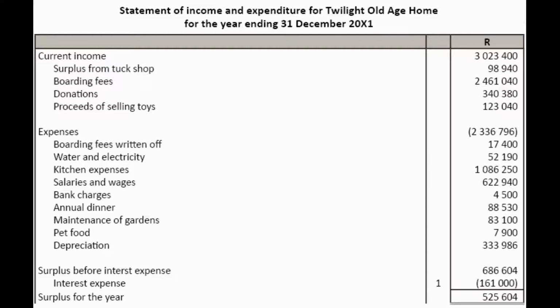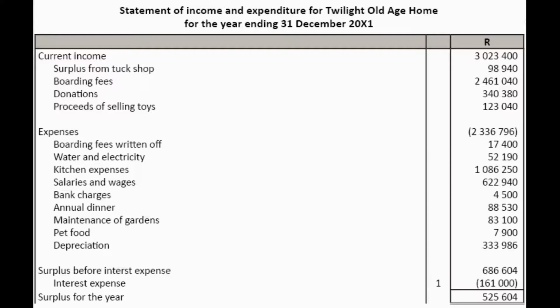Kitchen expenses, 1,086,250. That we got from the trial balance. The next one is salaries and wages, 622,940, straight from the trial balance. Bank charges, 4,500, straight from the trial balance. Annual dinner. Remember, there was an adjustment regarding the annual dinner.